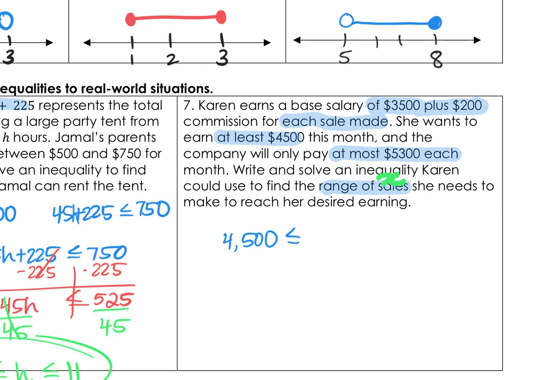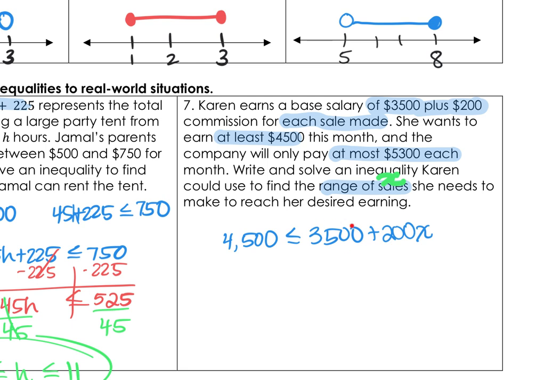Now we need to write something to represent how much money she's making. So if she makes $3,500 plus $200 per sale, how would we write that? Prem? Very good. 3,500 plus 200x, because it's 200 per sale, and we're trying to figure out the number of sales.